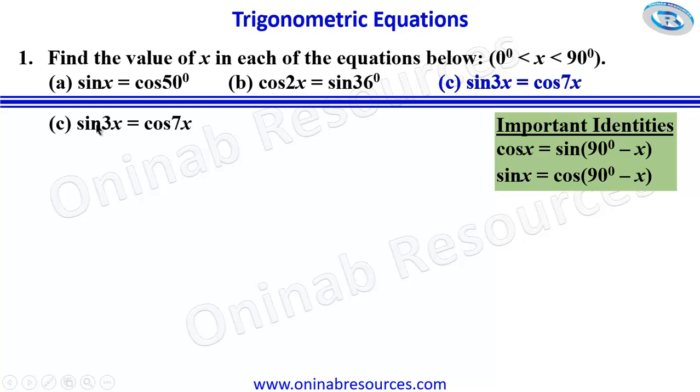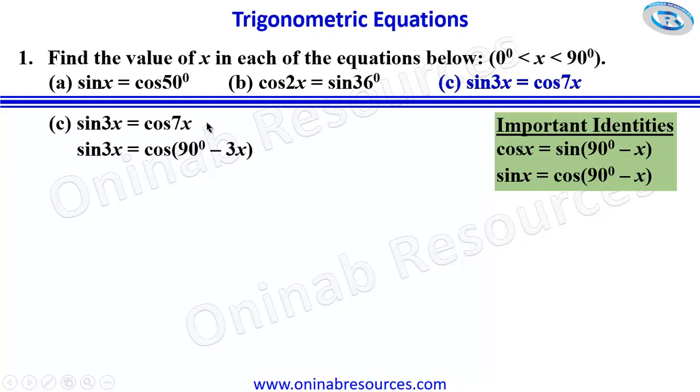For C, I have sine 3x is equal to cos 7x. Just like we just did in B, it means we are going to have sine 3x is equal to cos 90 degrees minus 3x. So we have it as sine 3x is equal to cos 90 degrees minus 3x.